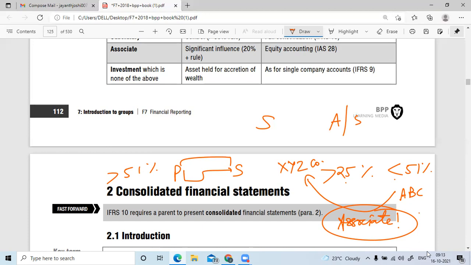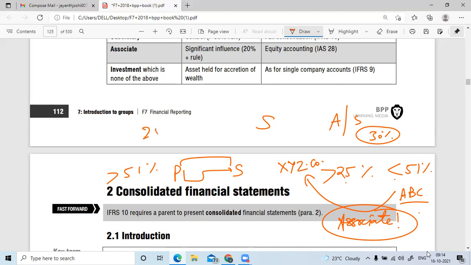Like greater than 51%. See, XYZ company has made an investment in ABC company. That means XYZ company bought 30% of the shares in ABC company. That 30% is between 51 and 25, na? It is more than 25 and less than 51.